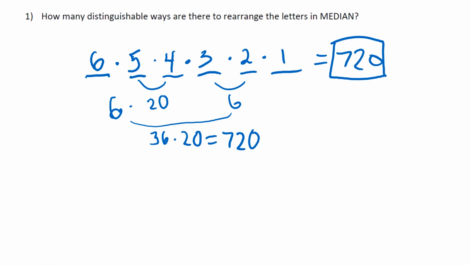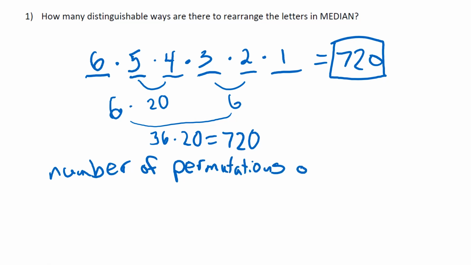So this is really the number of permutations, which is just rearranging, but a fancier math term, of n distinct objects here. And that is, if there are 6 objects, it's 6 times 5 times 4 times 3 times 2 times 1. So that's a common thing.